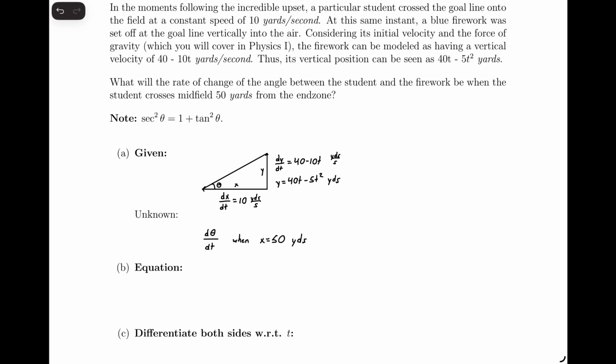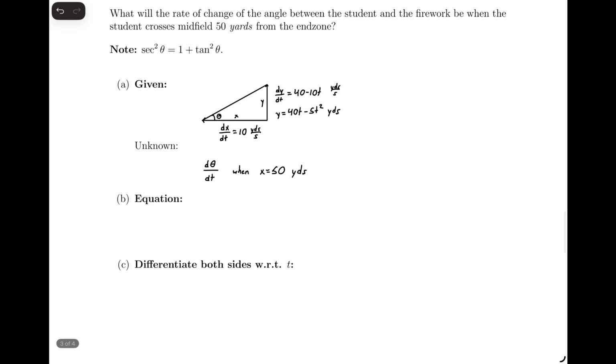Okay. Now for this one, we have to think a little bit more about getting our equation, but we have theta, so that makes me think trig. We're given a y value and an x value, where the y value is opposite and the x value is adjacent. So I'm going to go with tangent.